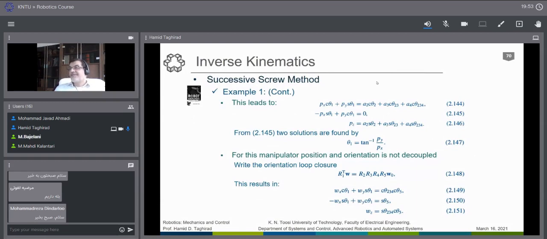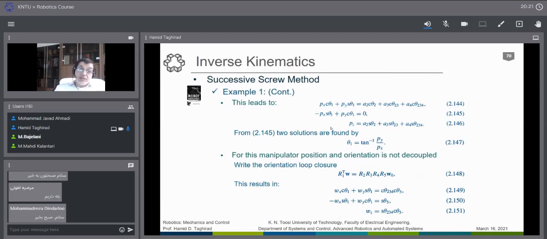You should look into this equation. Of course, one of them is very simple. You find this one very simple, and you can find theta 1, since this is 0, very, very quickly from this part. You see that the sine and cosine is given, so the tangent inverse of px over py will give you the tangent of theta 1.